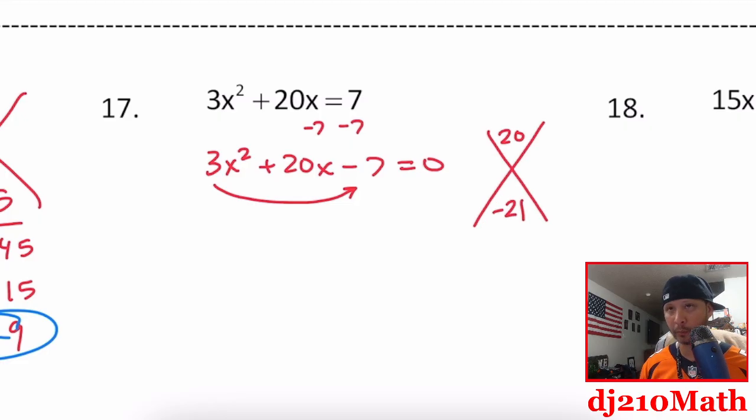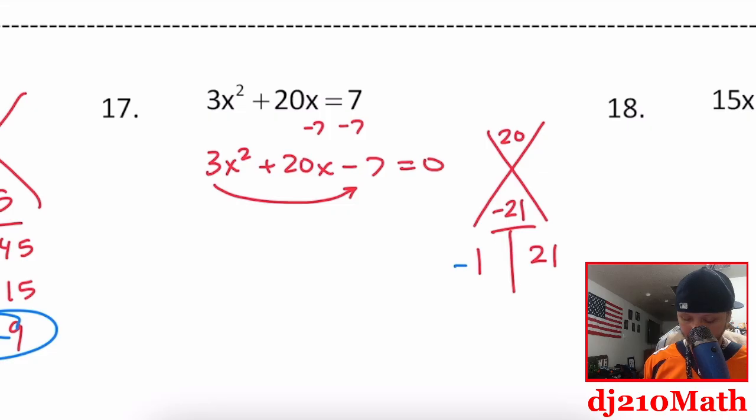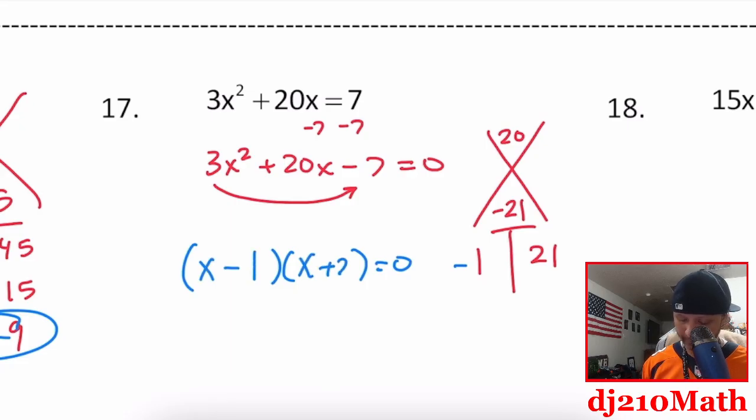We have to somehow make a 20. 1 and 21, that's the one. It needs to be positive, so the small one needs to get the negative symbol, because negative 1 plus 21 is positive 20. Factors: x minus 1, x plus 21.